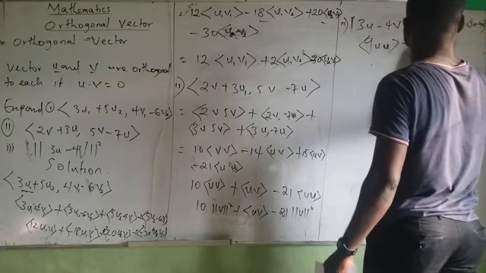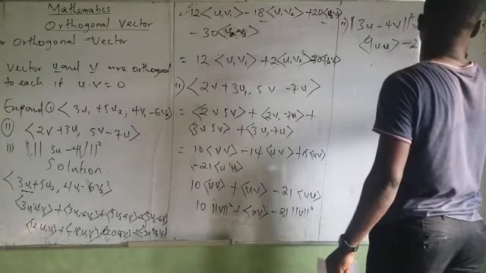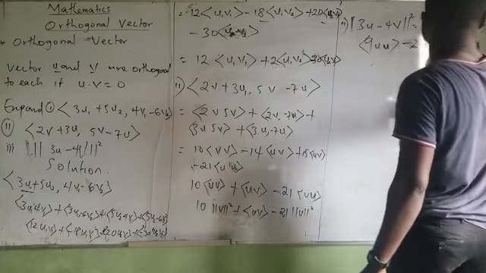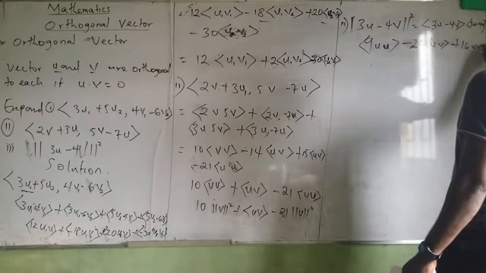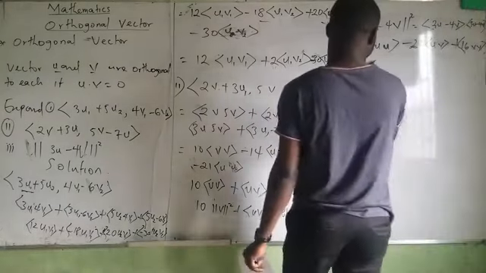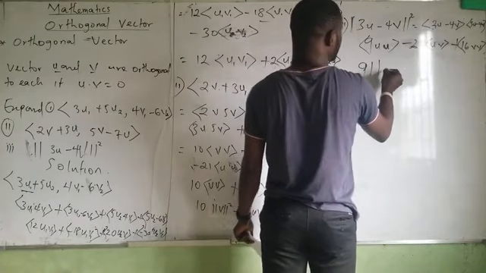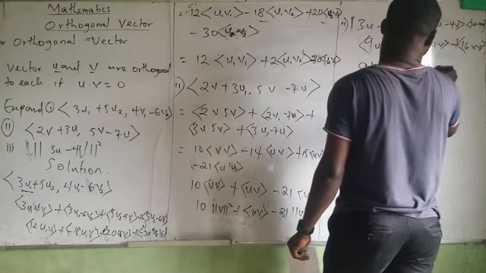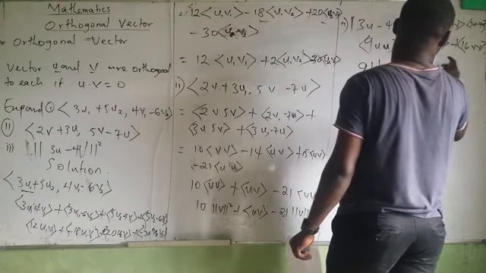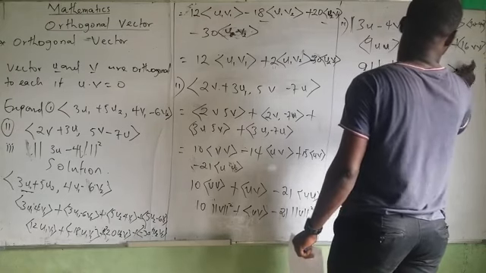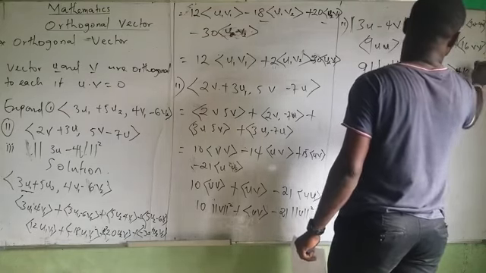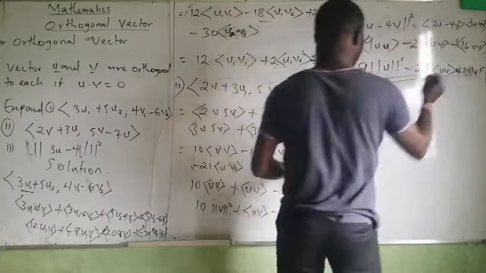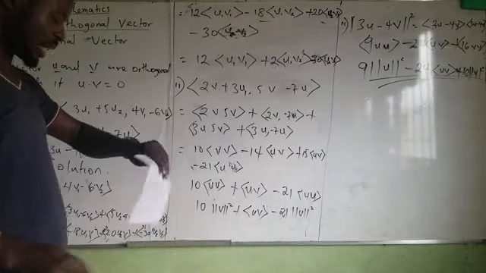It will be minus 24 uv, and I'll be having plus 16 vv. Now, I can say that it is 9 norms of u squared minus 24 uv plus 16 norms of v squared. That is all what I will be having. Now, with this, I think you can see how it's being done.